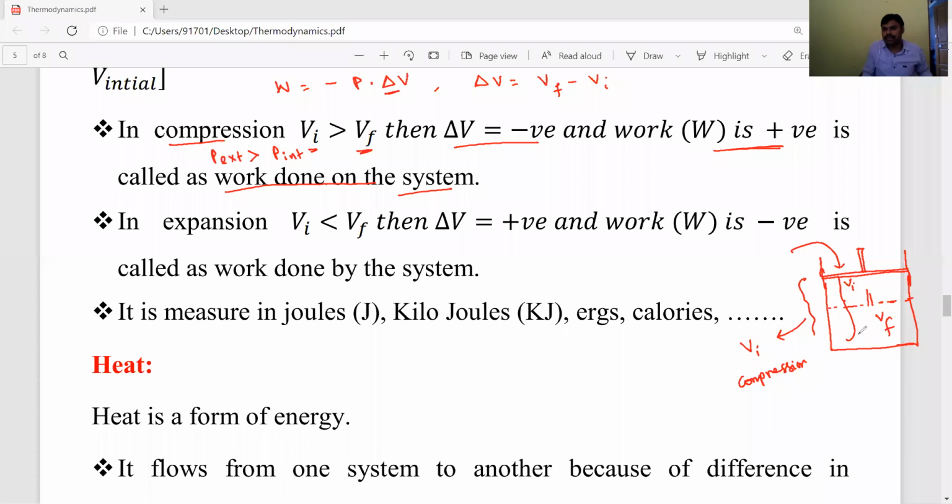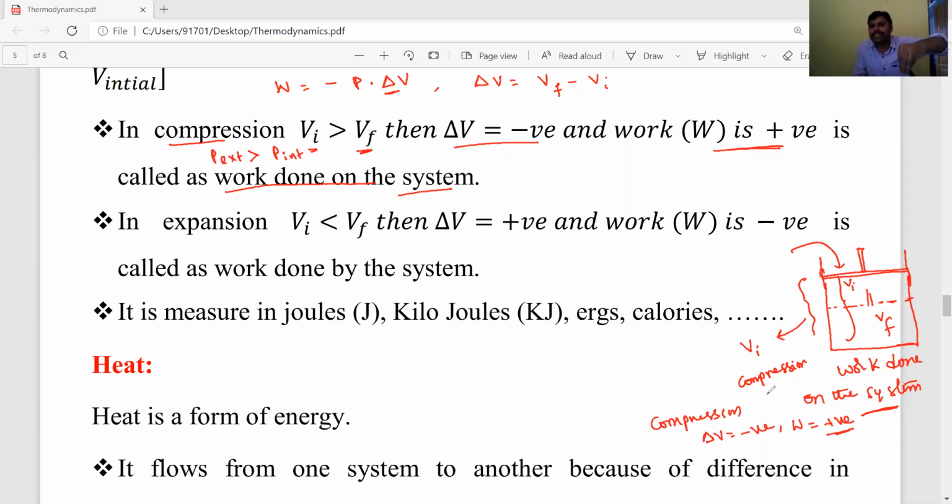This is an example of work done on the system. So work done on the system means compression, delta V is negative and work is positive. If work is positive, it is called work done on the system.